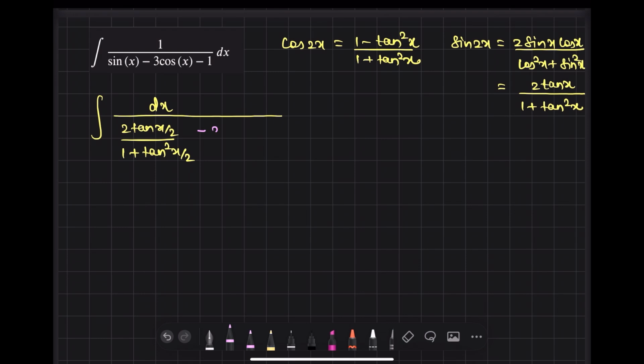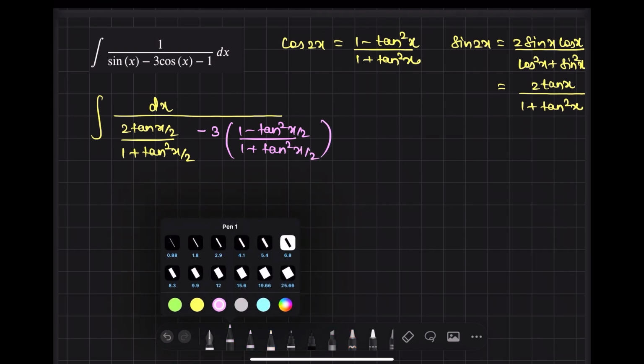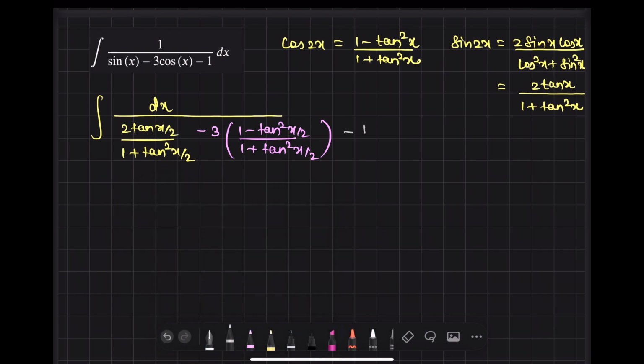So minus of 3, and then cos will become what? 1 minus tan square x by 2 upon 1 plus tan square x by 2, and then plus integration of minus 1.